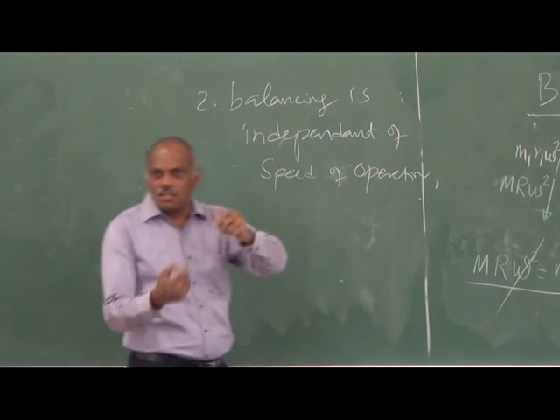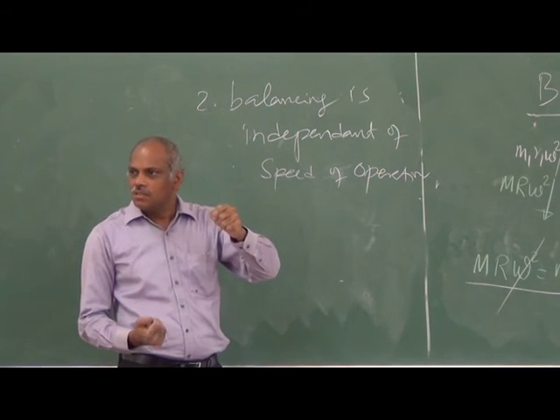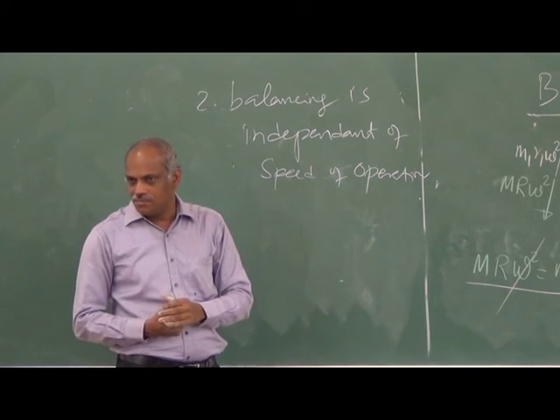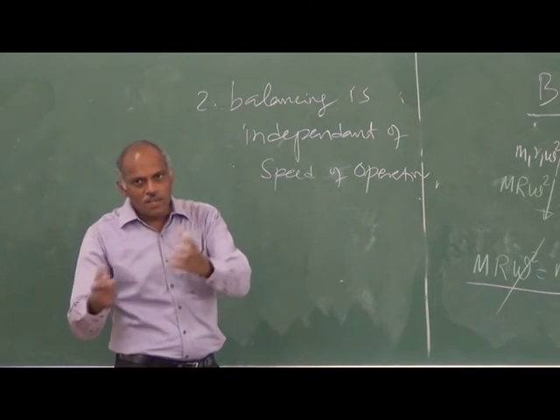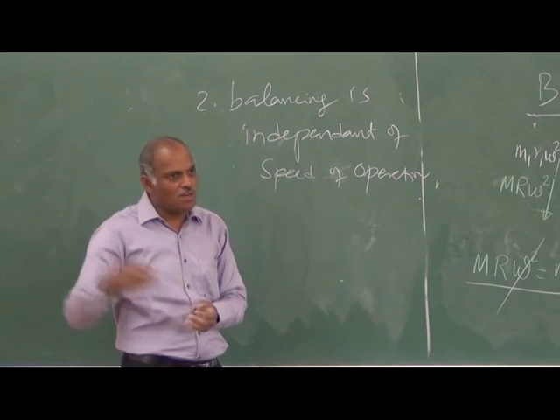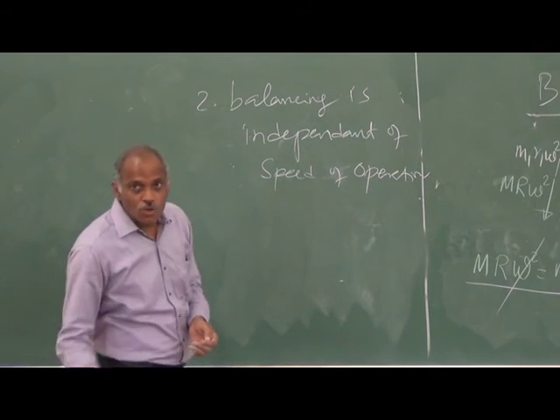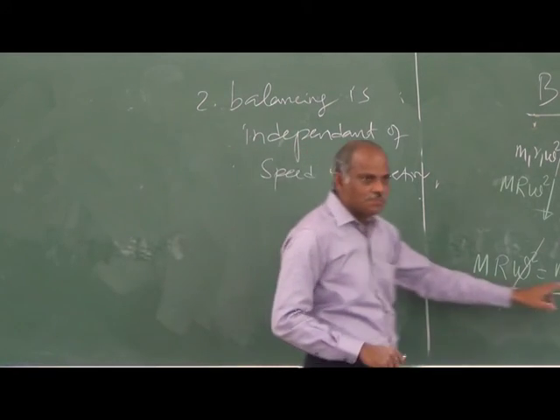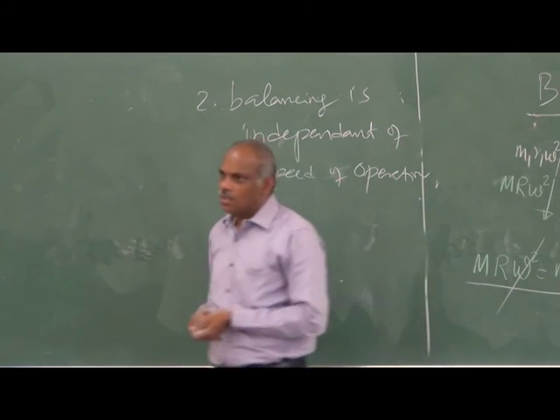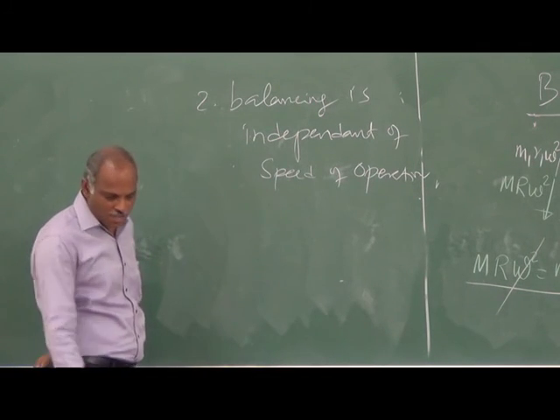So if I balance a system at 5 RPM, it is equally valid for 50 RPM, for 5000 RPM or 50,000 RPM. So it looks from this condition that it is independent of the speed of operation.